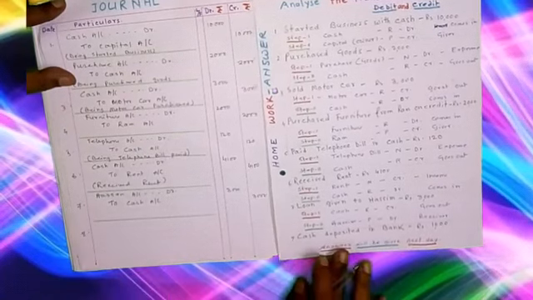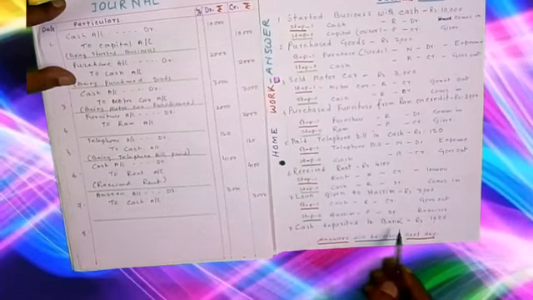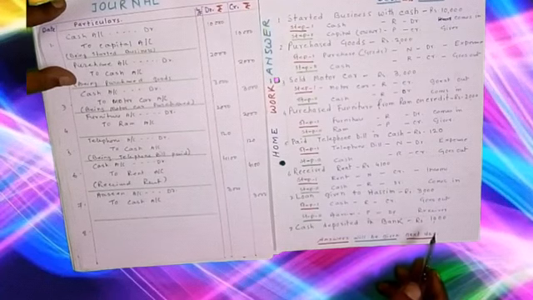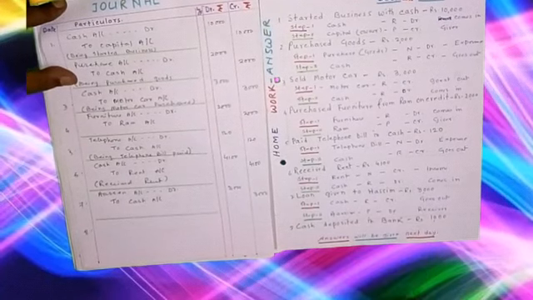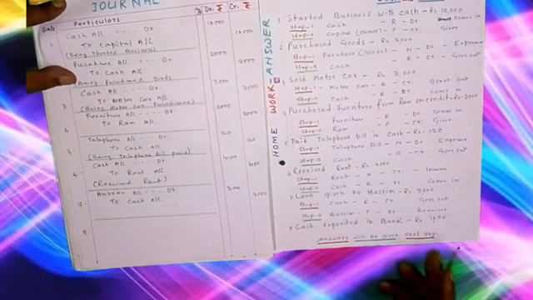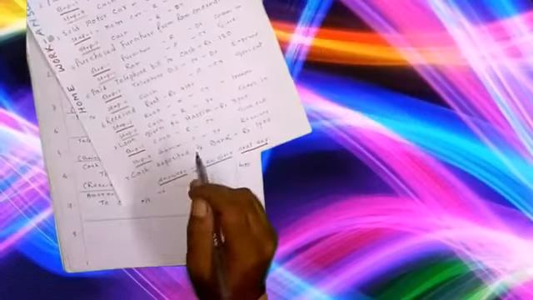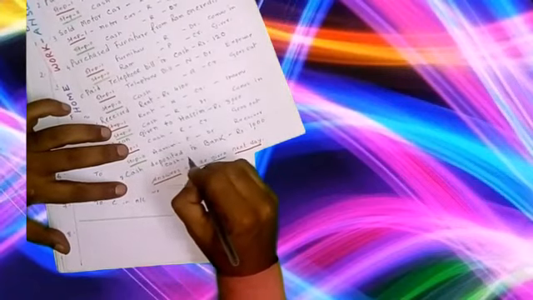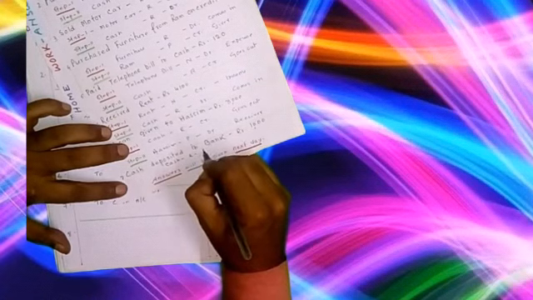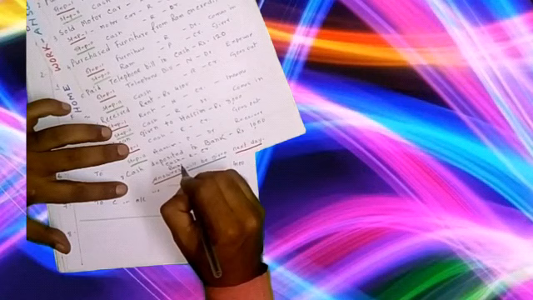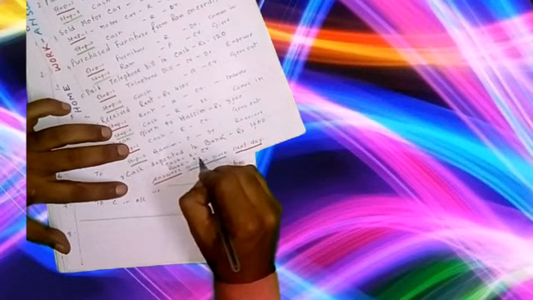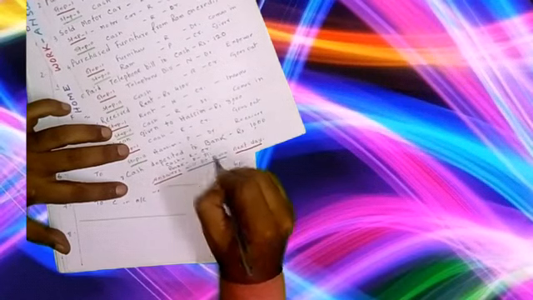Next, cash deposited in bank 1000. Cash deposited in bank 1000. Its analysis is: cash, a real account, goes out, credit; bank, a personal account, receiver, debit.